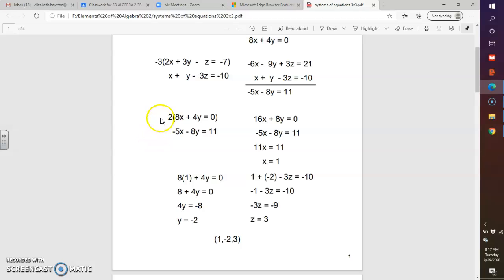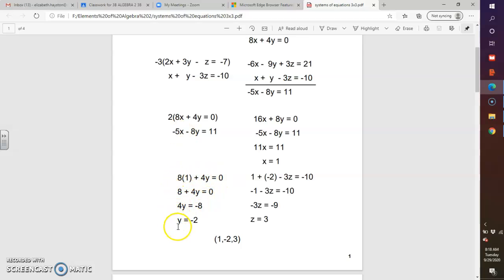That's my system. Now here, I'm going to eliminate the y, and now we're just doing a basic system of equations. We multiply everything through by 2: 16x plus 8y equals 0. You combine your like terms, you get 11x equals 11, and my x equals 1. I plug x into one of my two equations: 8 times 1 is 8, plus 4y equals 0.